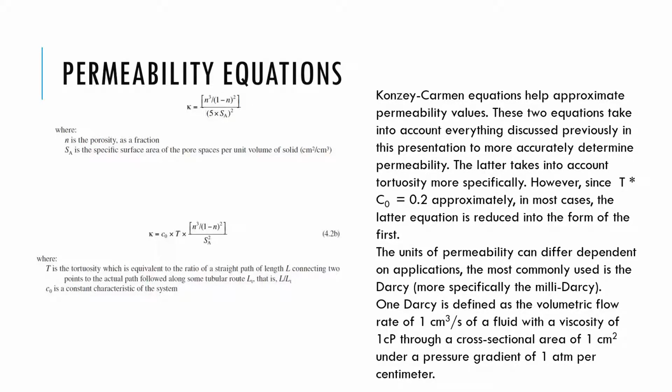The units of permeability can differ depending on applications. The most commonly used is the Darcy, or more specifically, the milli-Darcy. 1 Darcy is defined as the volumetric flow rate of 1 centimeter cubed over 1 second of fluid flow with a viscosity of 1 centipoise through a cross-sectional area of 1 centimeter squared under a pressure gradient of 1 atmosphere per centimeter.